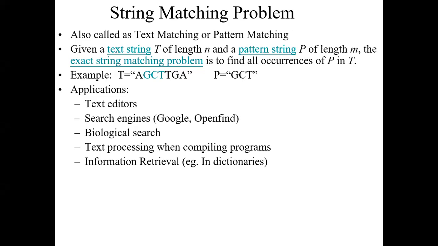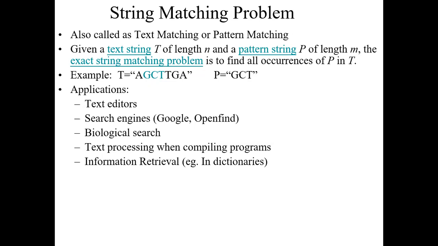From manual logic, now I am converting it into code. If it is a mismatch, we are not changing the value of J, we are only changing the value of I, because now I have to compare G with the next character in the text.